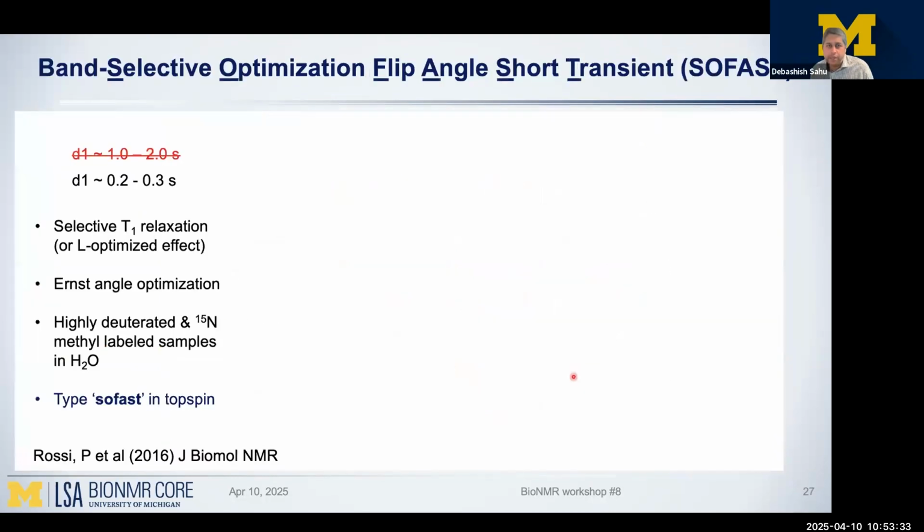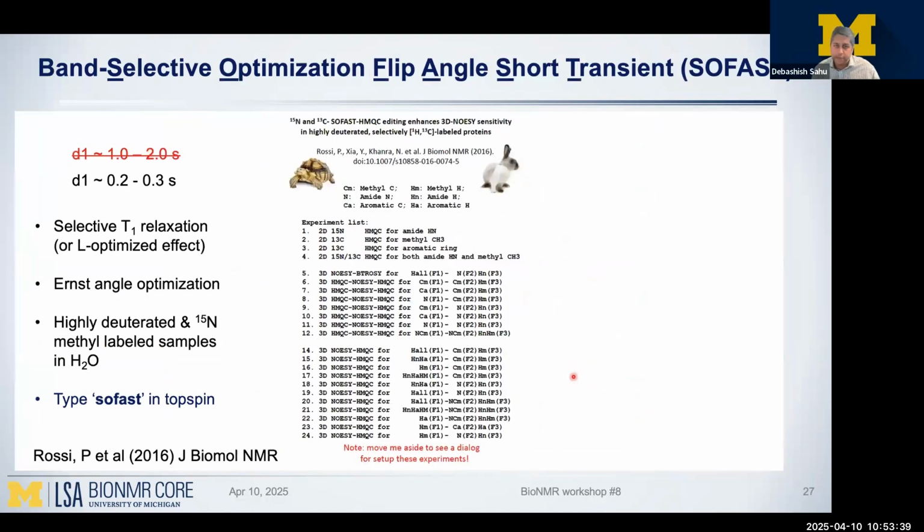Okay. So not only that, you can then use this SOFAST experiment that I talked about. You type it SOFAST and it gives you every one of these 3D experiments using the same technique, instead of doing the regular HMQC, NOESY HMQC. You do the exact same thing using the SOFAST principle.